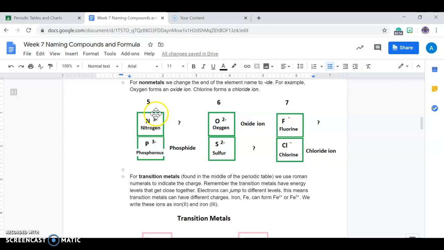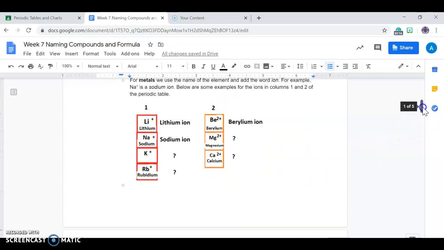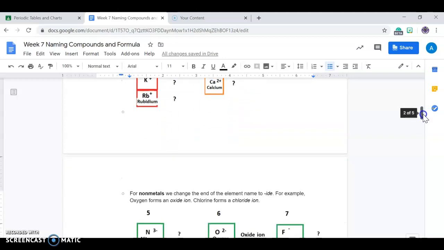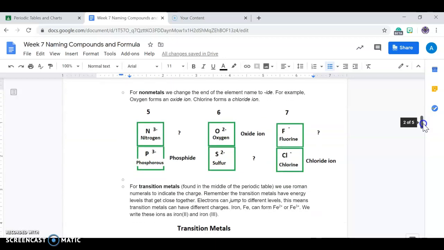Fifth column, nitrogen gains 3 electrons when it forms an ion. The difference for nonmetals is we change the end to IDE, right? So phosphorus becomes phosphide ion. Oxygen becomes oxide ion. Chlorine becomes chloride ion. Okay, so I left some blanks for you guys to practice and include in your final resource. That's where those question marks are.